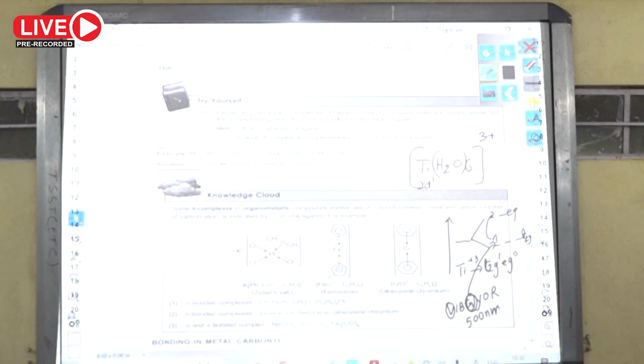First is carbon monoxide. See the spectrochemical series. CO is the highest. Next is CN-. So the two strongest ligands in our syllabus are CO, which is greater than CN-.